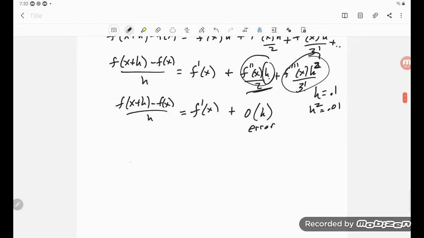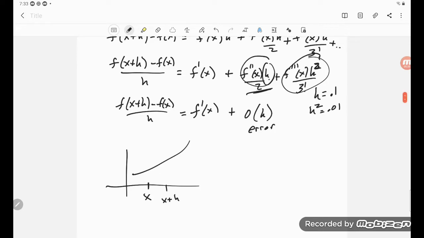Okay, so if we draw our picture, here's x plus h, then what we're saying, let me curve that a little bit more so we can really see better.